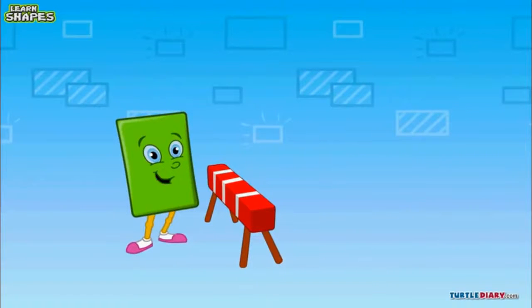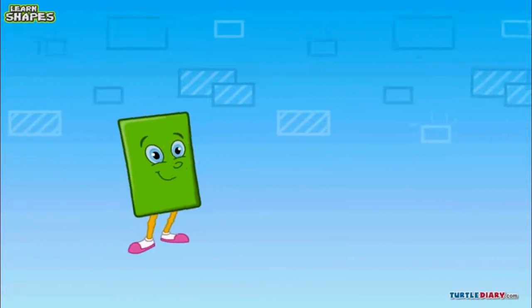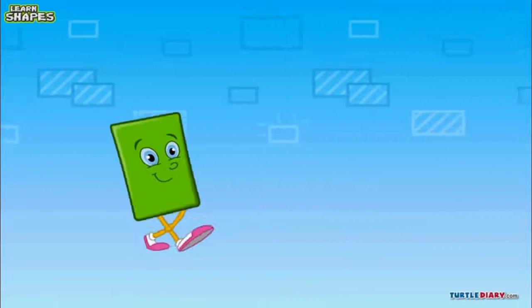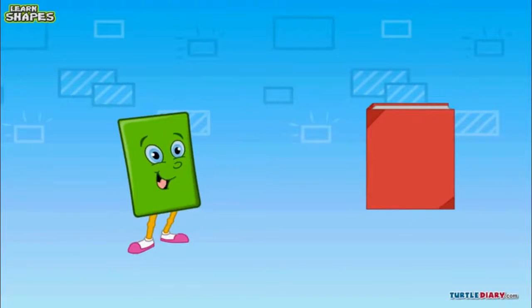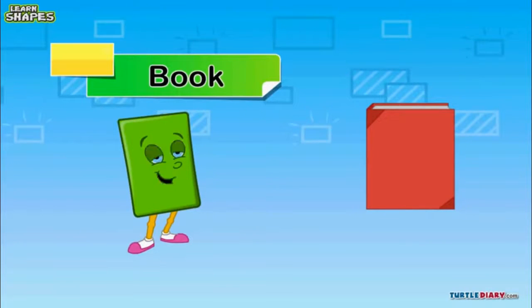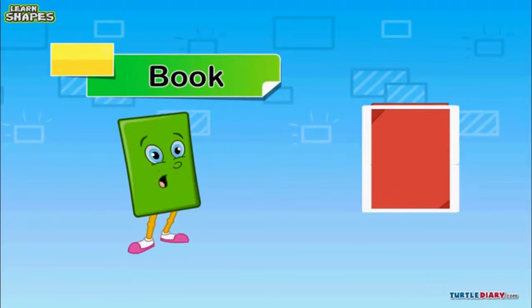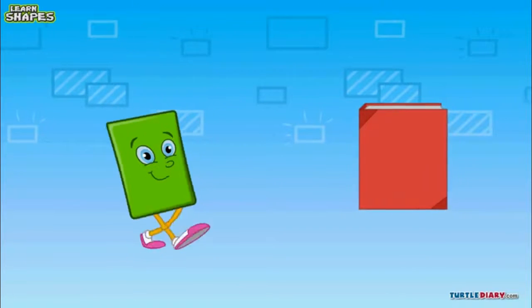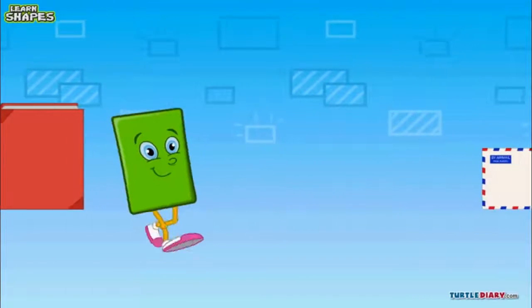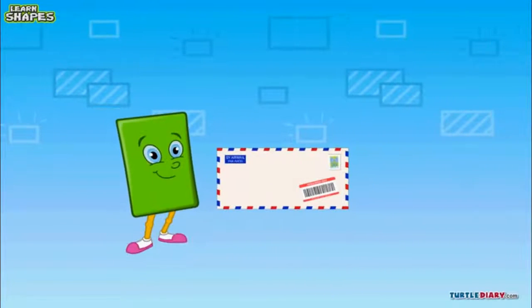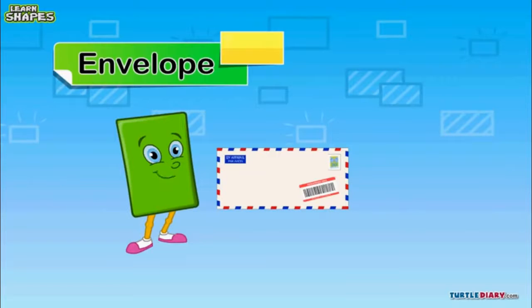Oops, here's a small hurdle. I must cross this before we can go ahead. Here's a lovely book. I love books. And yes, it's a rectangle in shape, just like me. Oh, wow! Is this letter for me?